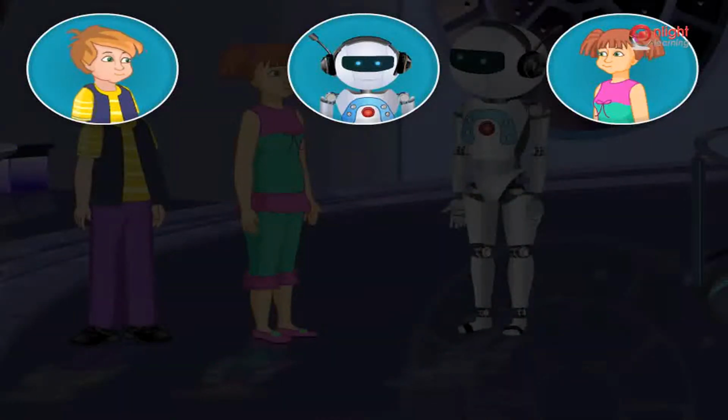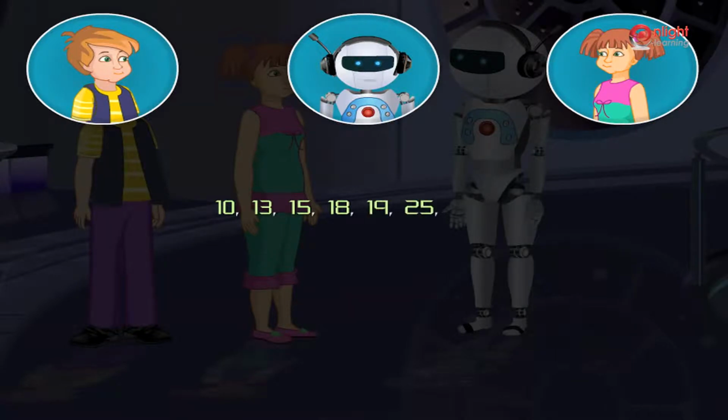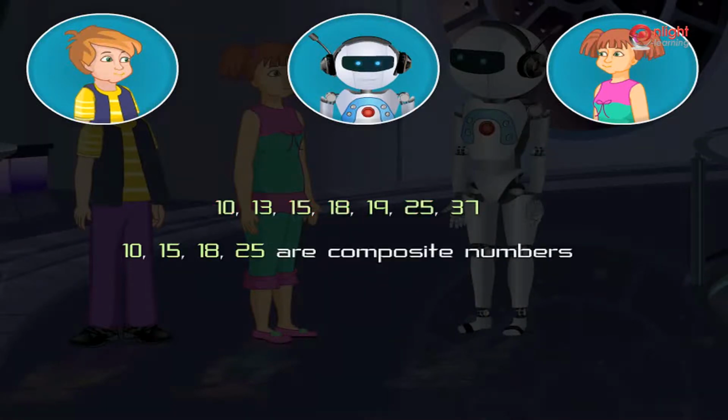Can you identify which are prime numbers and which are composite numbers in the following given numbers? 10, 13, 15, 18, 19, 25 and 37. 10, 15, 18, 25 are composite numbers since they have more than 2 factors.